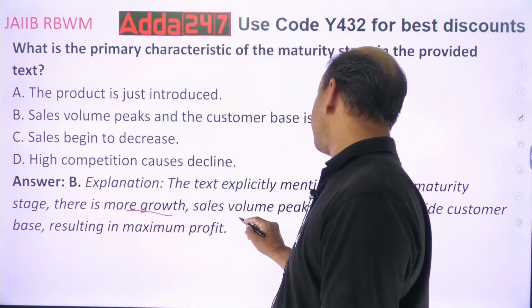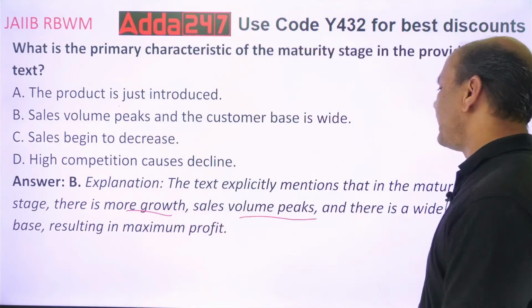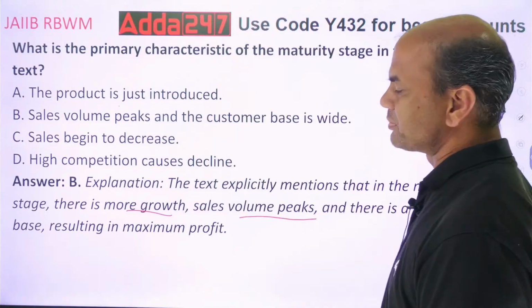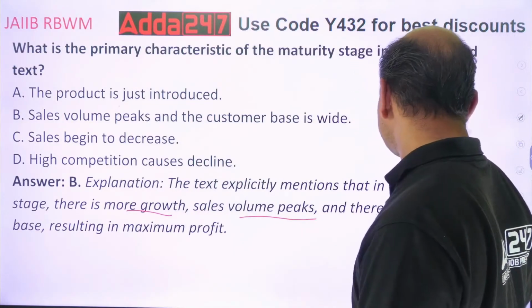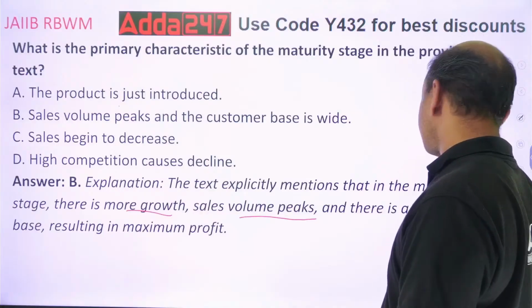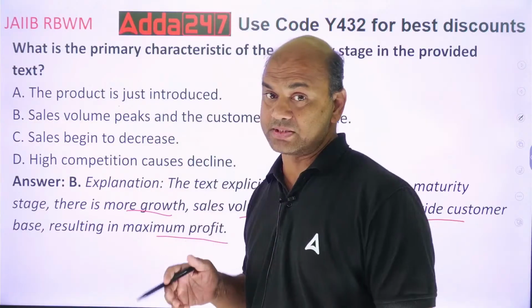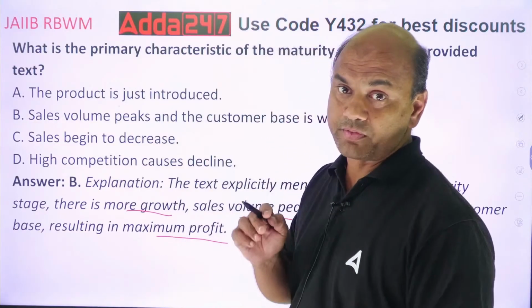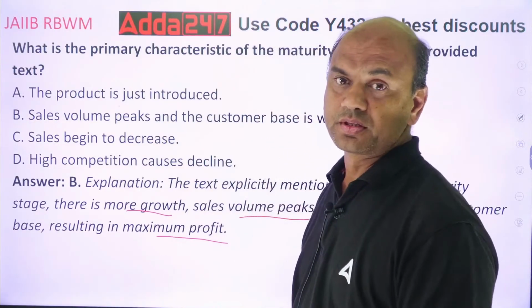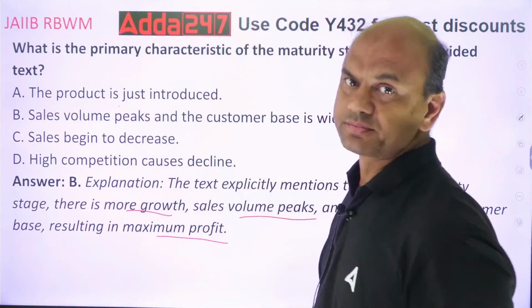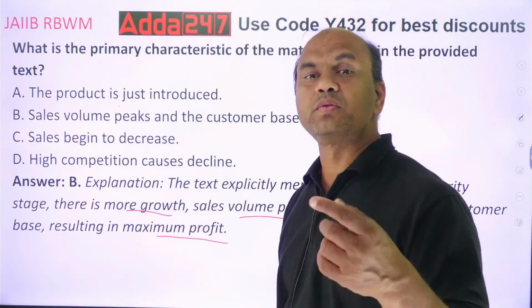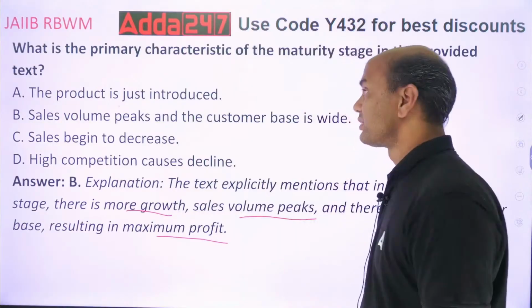Sales volume peaks and there is a wide customer base resulting in maximum profit. Maximum profit means beyond this, your profit will decrease. It will go into the declining phase if you don't do the innovations, that's very important.